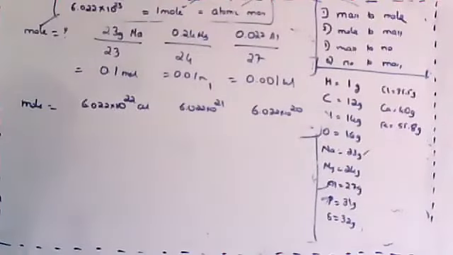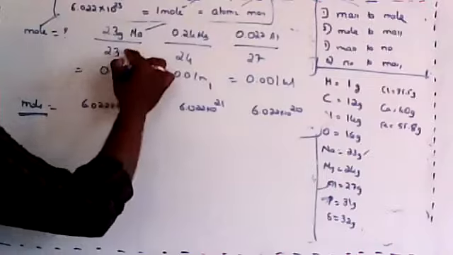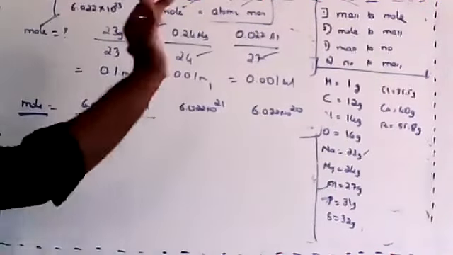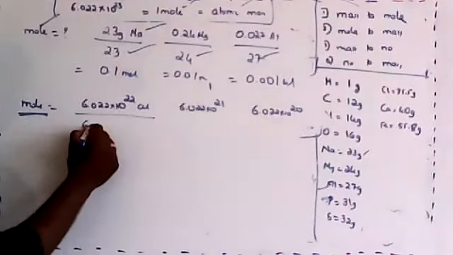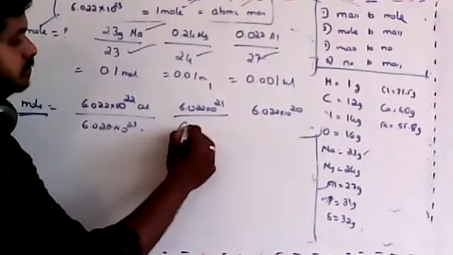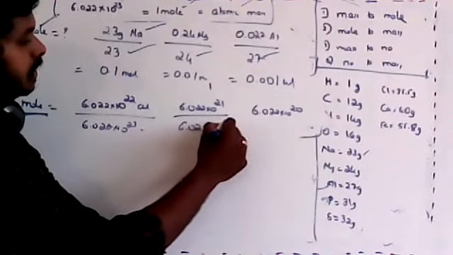I'm asking the mole. Whenever the mole is asked, always division comes. If mass is asked, divide by atomic mass. If number is given, divide by that constant number, 6.022 into 10 to the power 23.